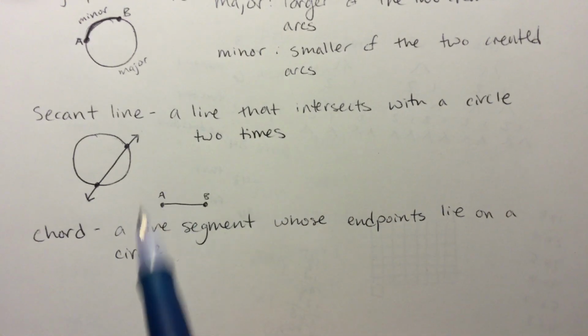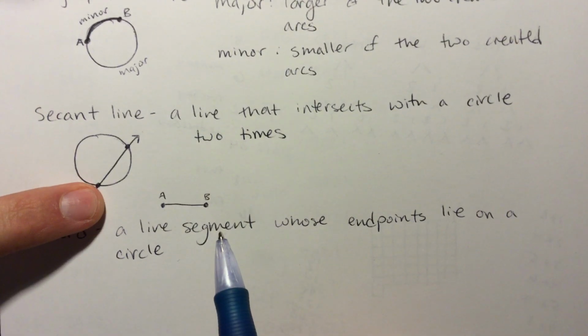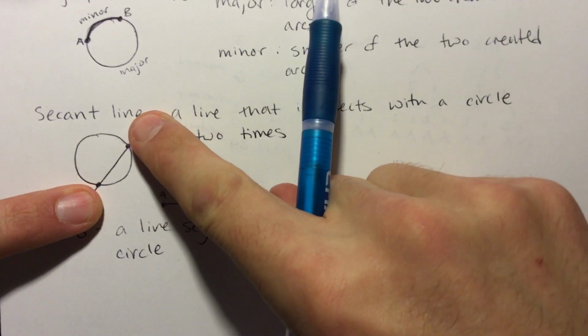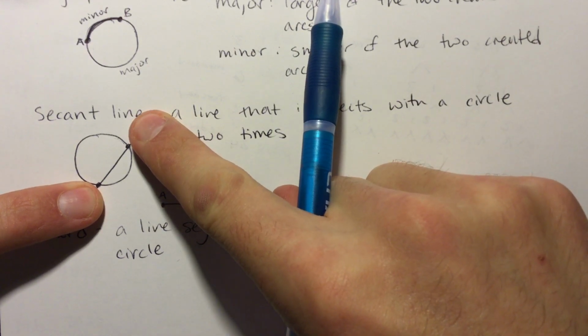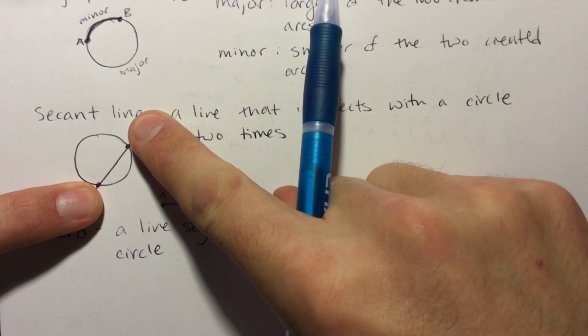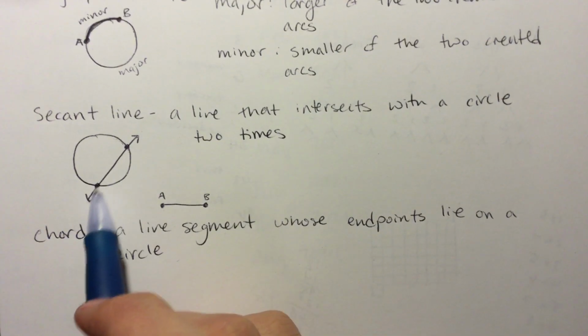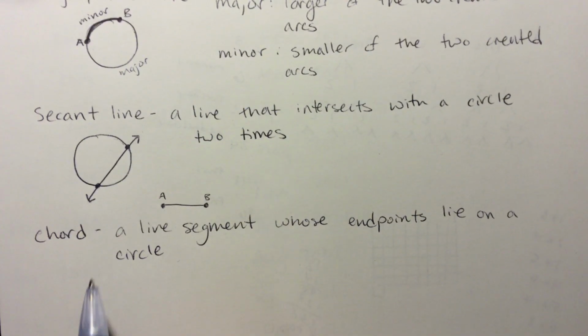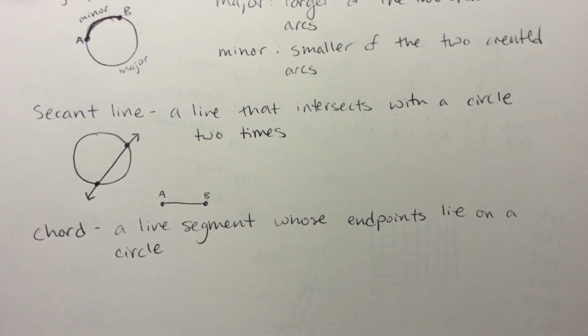And our chord, they're related because if I were to cover up my arrow here, and cover up my other arrow up here, this line segment that's created, that is a chord. So secant lines and chords go hand in hand. The secant line is a line that intersects our circle twice. A chord is the line segment that is created from a secant line, or it is just a line segment whose endpoints lie on a circle.